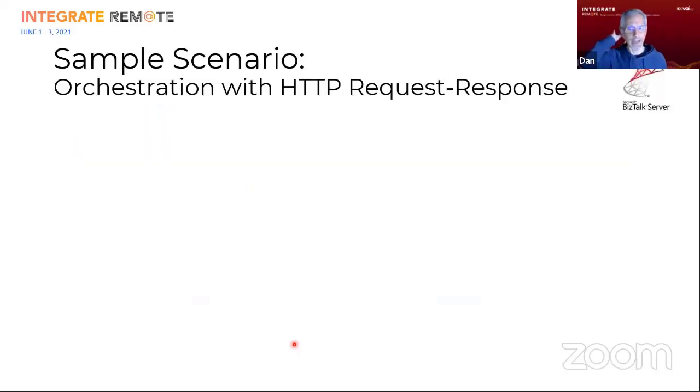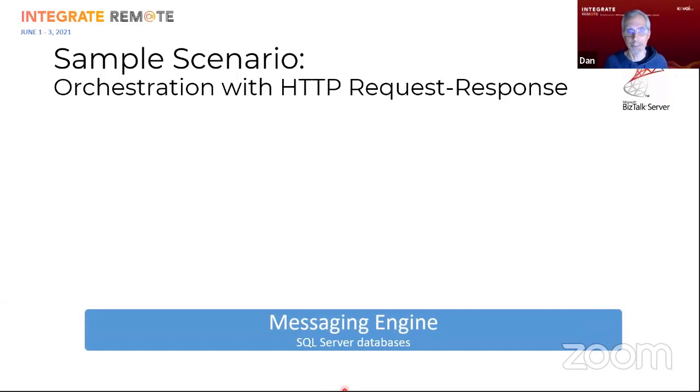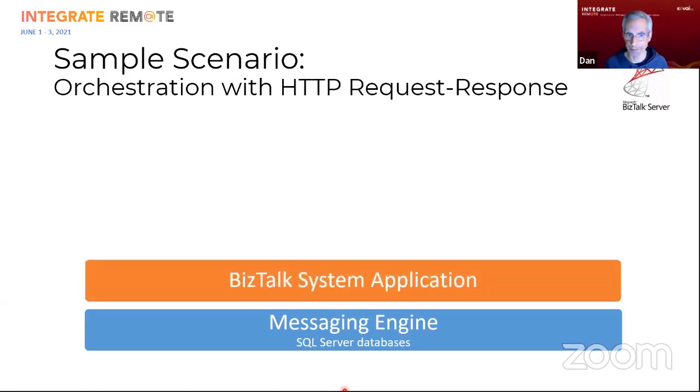Now, if we look at what the architecture for this would be in BizTalk, as the BizTalk application, well, we start, of course, with the BizTalk platform, which has a messaging engine that's implemented in SQL Server. We then have the BizTalk system application, which is the BizTalk components that's on the server. And that, as we mentioned before, includes things like your property schemas and your pipelines and all of that.